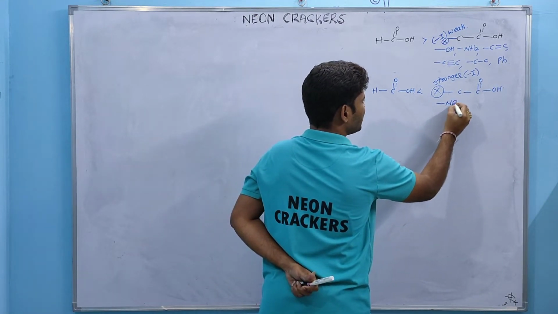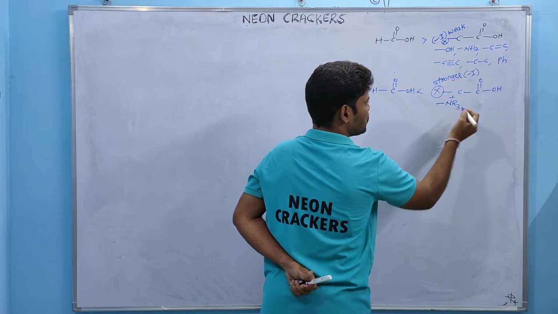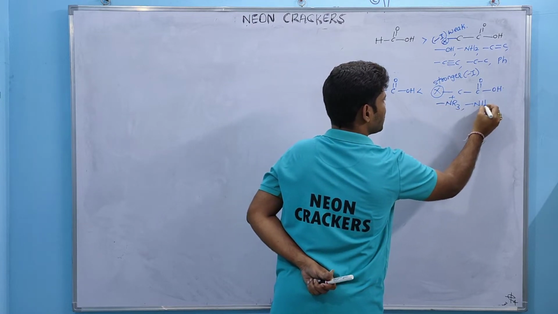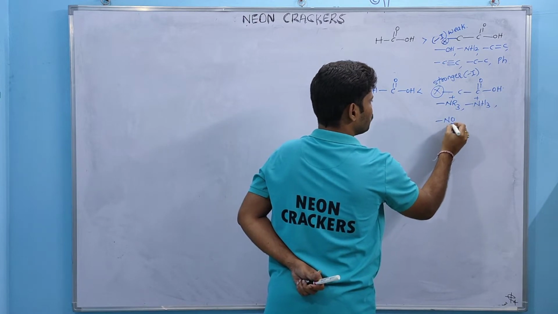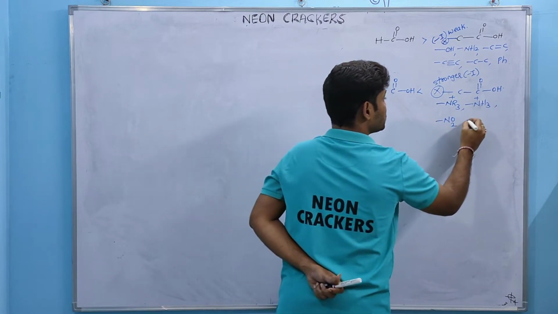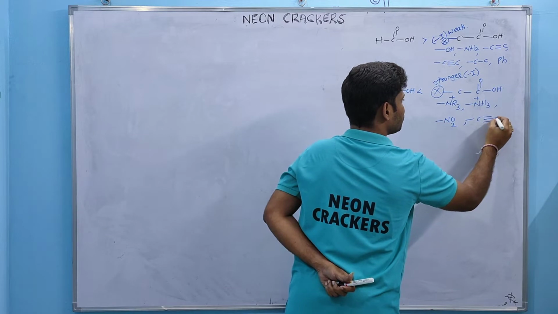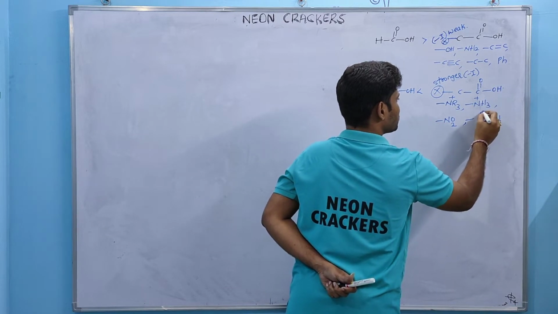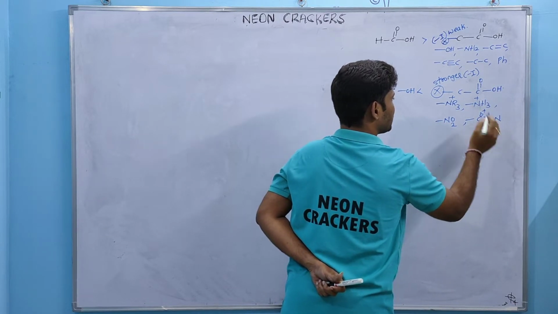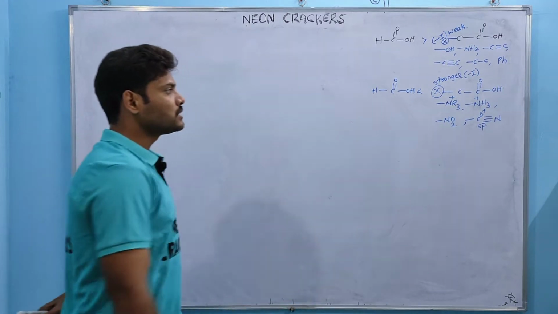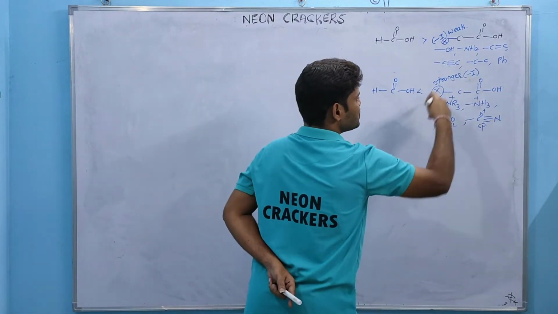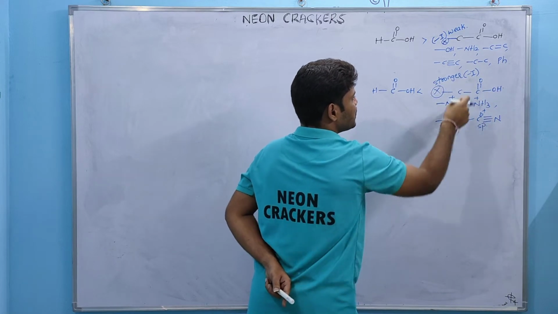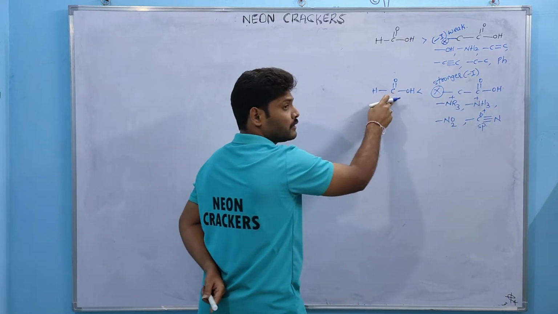Maybe NR3 plus, because of the positive charge. Next NH3 plus, positive charge. Next NO2, partial positive charge. Next cyanide, even cyanide, because it has partial positive charge with sp character. So in the presence of all these minus I effects, it is more acidic than even formic acid.